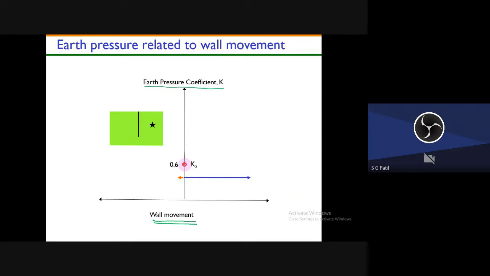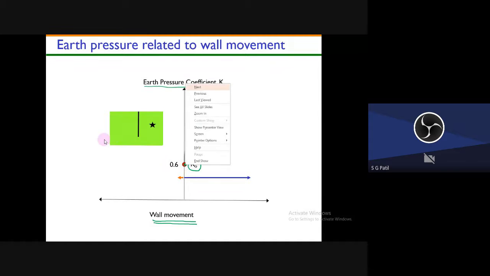Suppose this is the K0 condition. K0 condition means the wall is not moving anywhere. It's a fully rigid wall that is not moving. It is stationary. So the point is somewhere here.